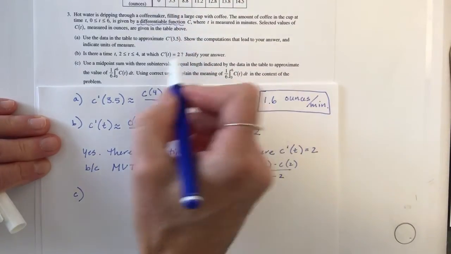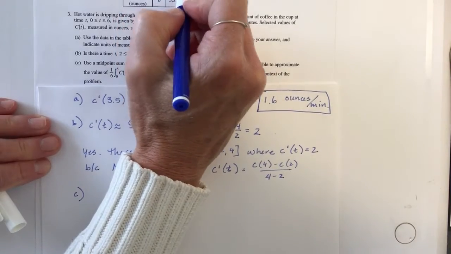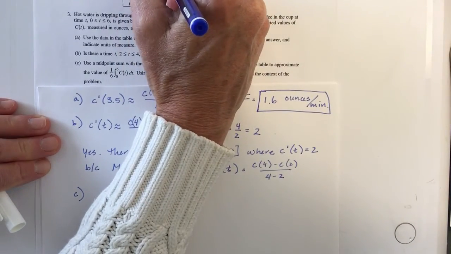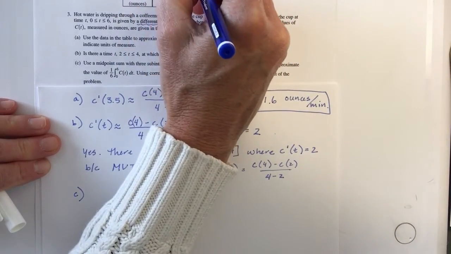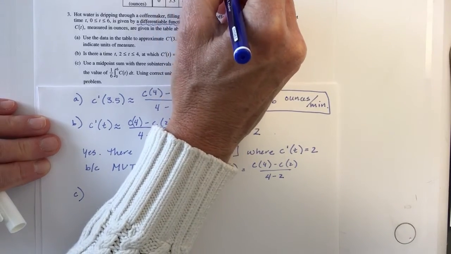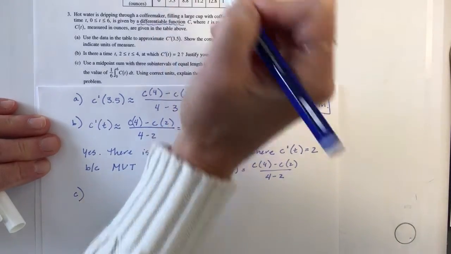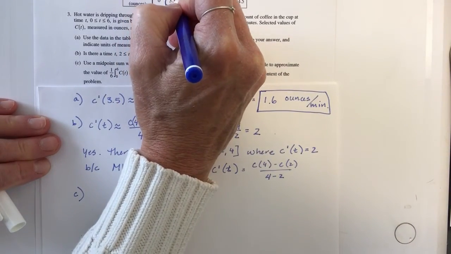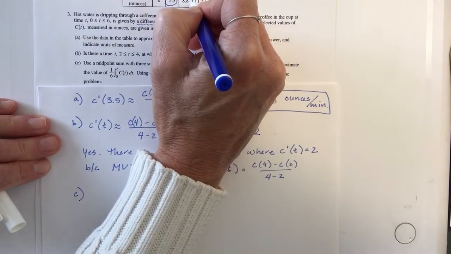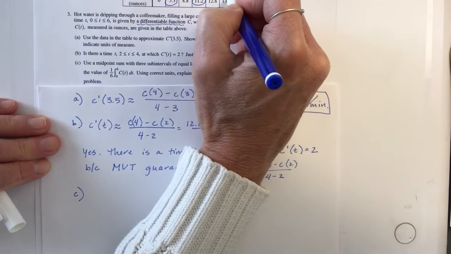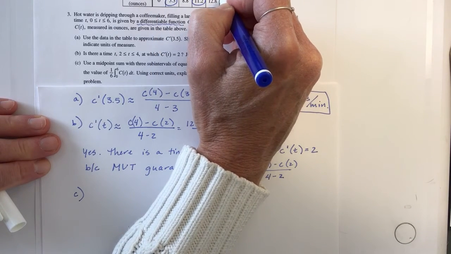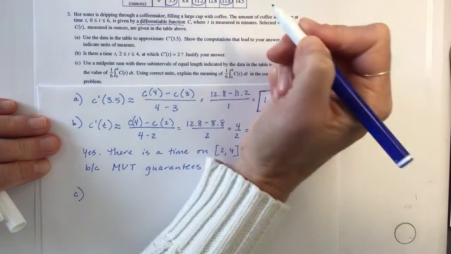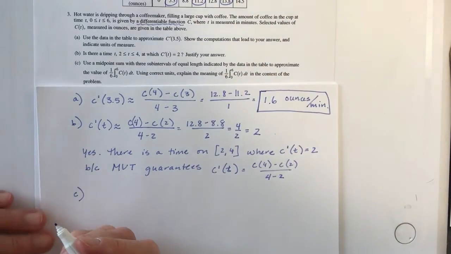They're telling us 3 subintervals: 2 minus 0 is 2, 4 minus 2 is 2, and 6 minus 4. These are all even intervals, and the table value at the midpoint is the height of our rectangles for our Riemann sum.